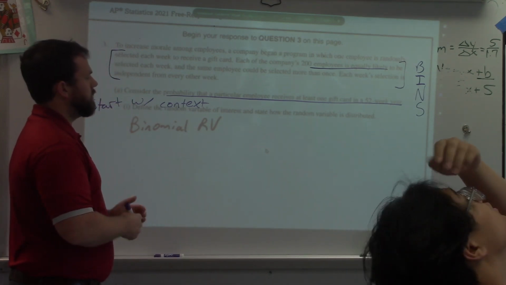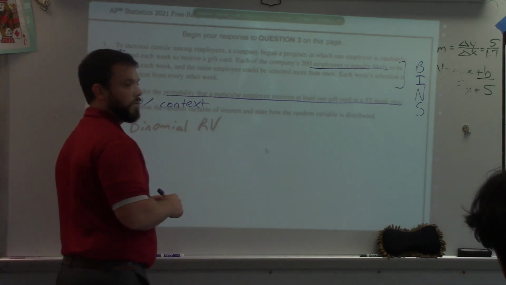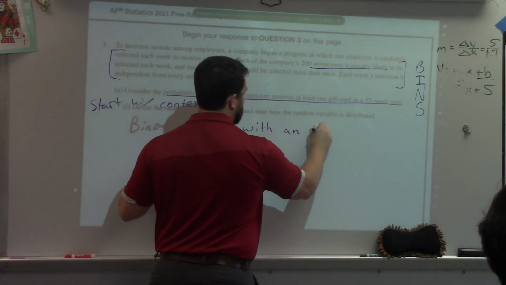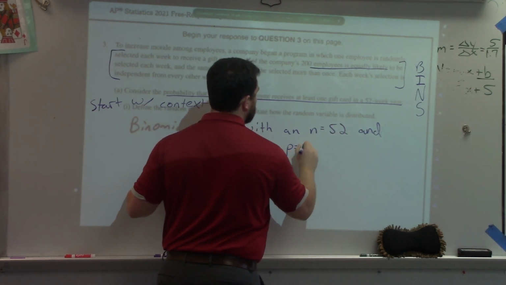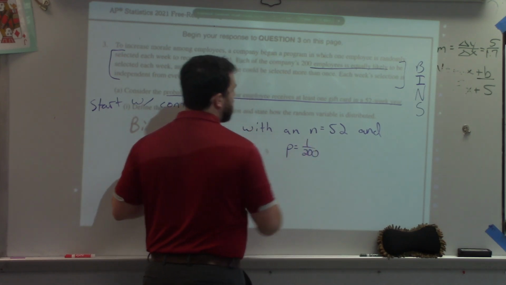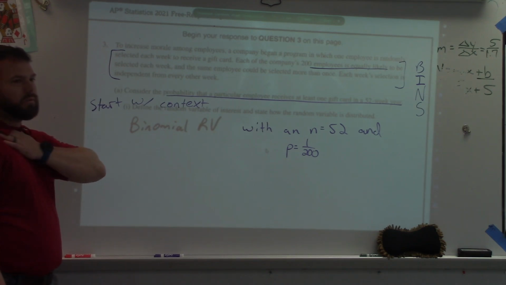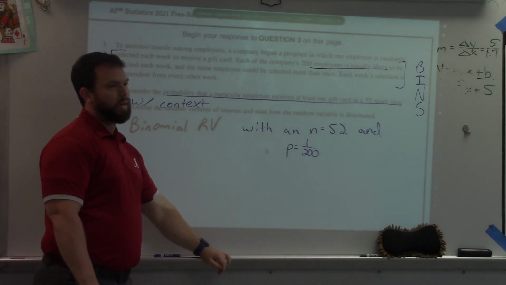What else do I need? It says state how the random variable is distributed. Oh yeah, you need your parameters. Notice there's a fixed number of trials of 52, and there's a probability of 1 out of 200.